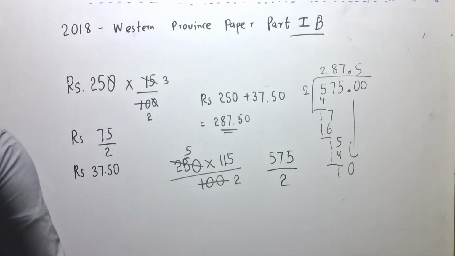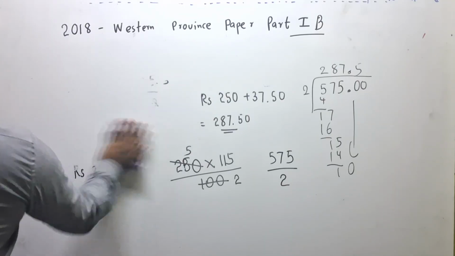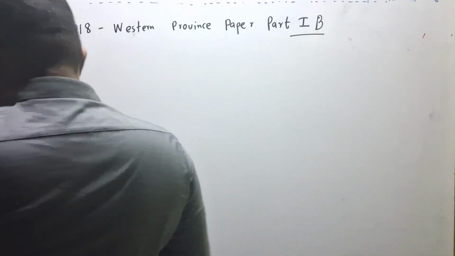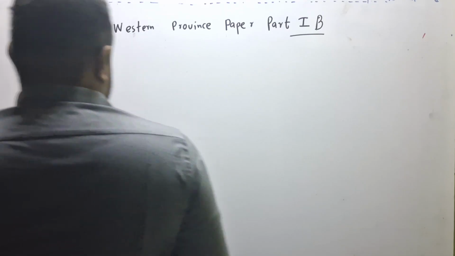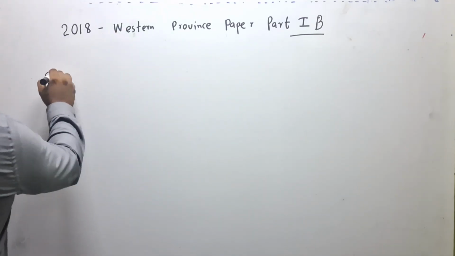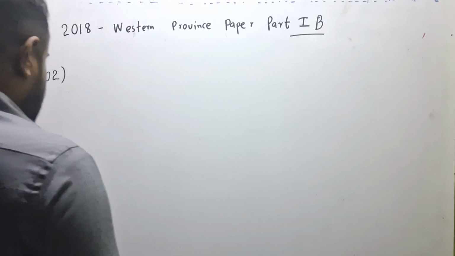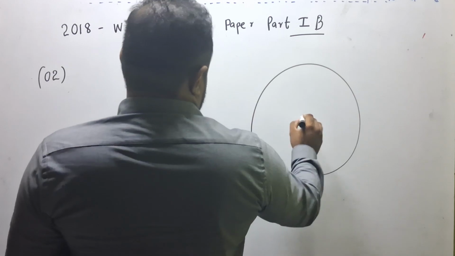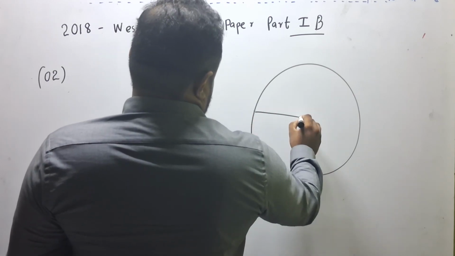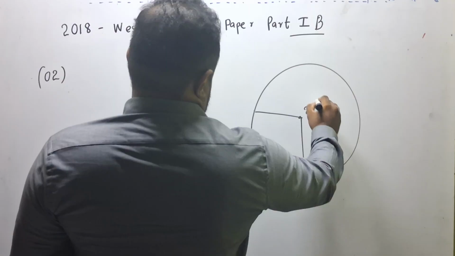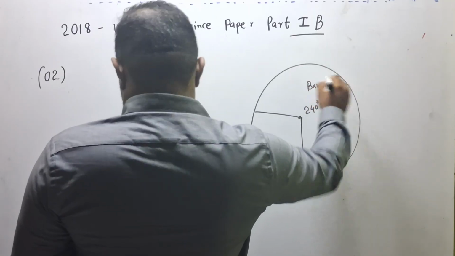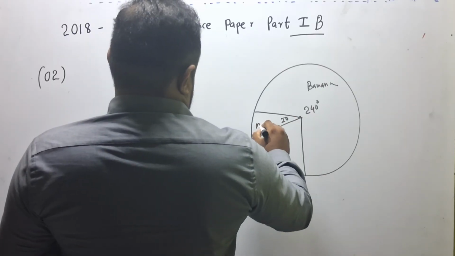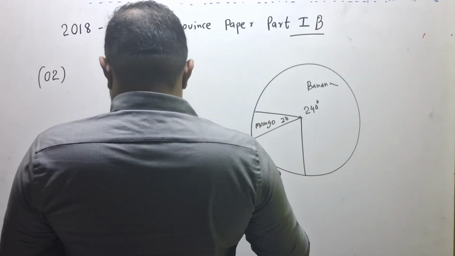Okay, next up. Pie chart question. They have given 240 degrees for banana, and 20 degrees for mango, and 60 degrees for pineapple.